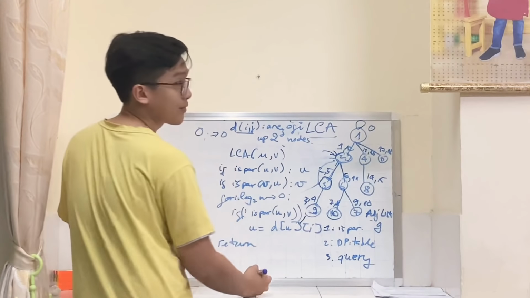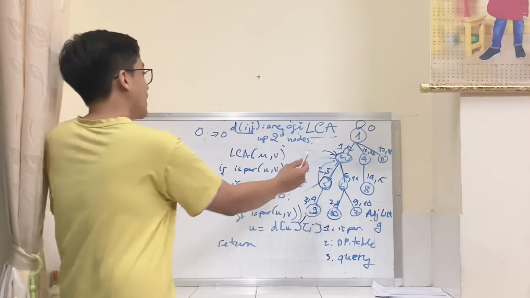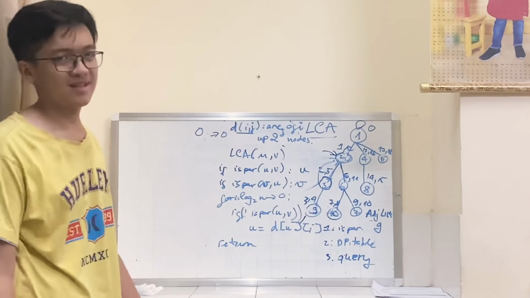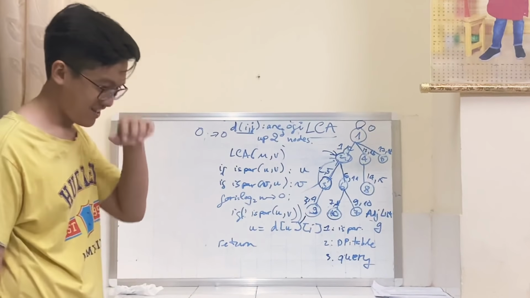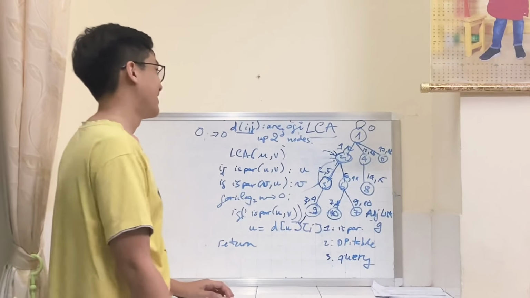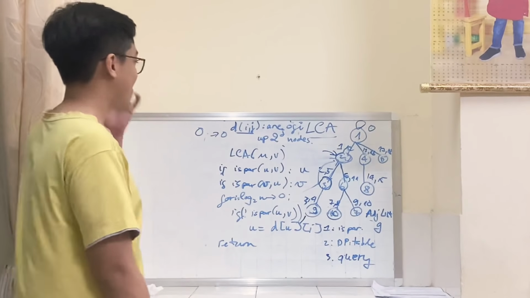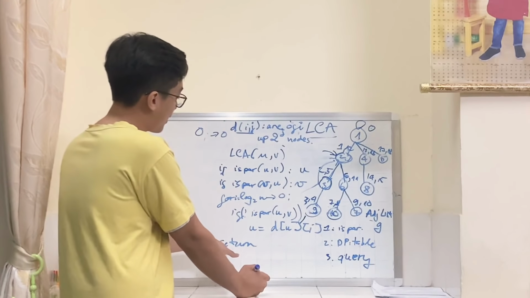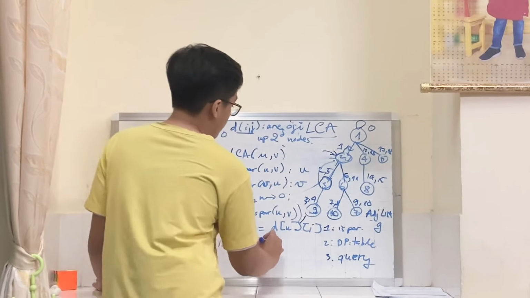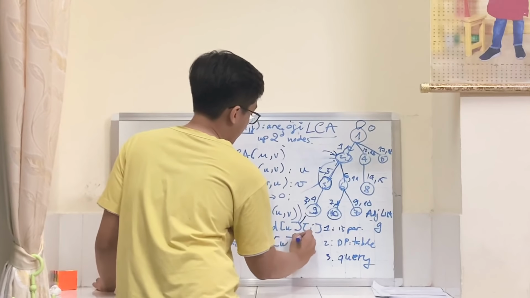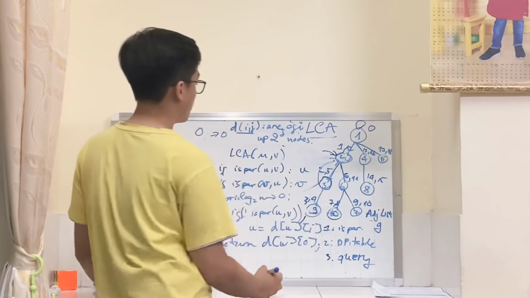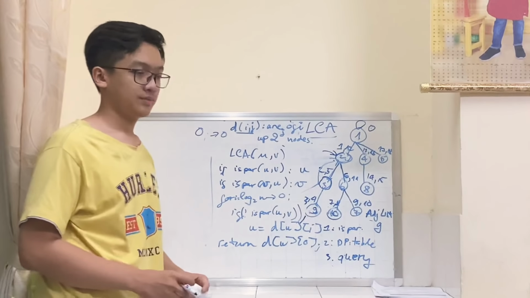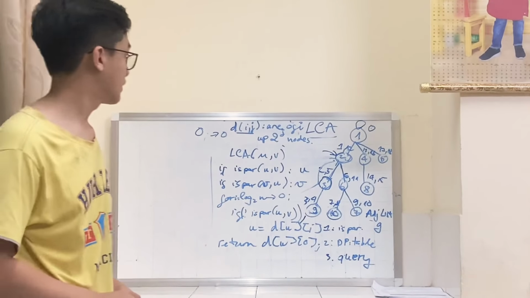And when ending the for loop, you're standing here, which is a child of the LCA, so it will return up[u][0]. So okay, this is the LCA problem.